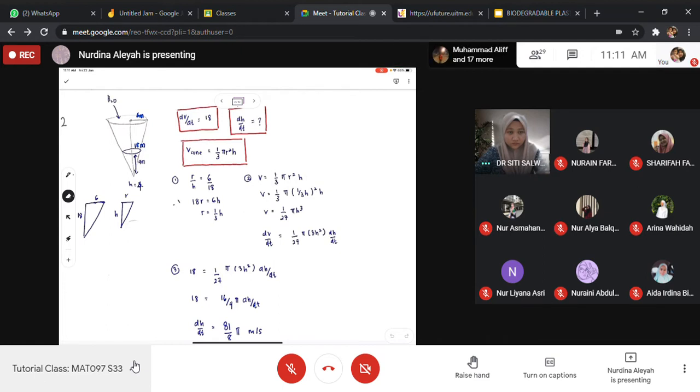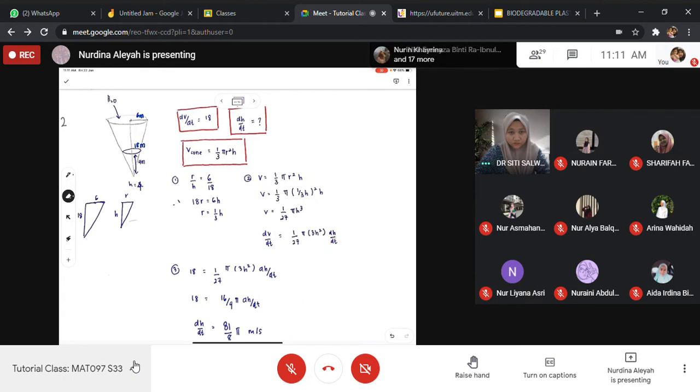And then second step, masukkan formula volume untuk cone, 1 over 3 pi r square H, and then substitute yang R equal to 1 over 3H ni kat dalam volume of cone punya radius. Okay, and then H dekat belakang ni, kan ada H belakang ni kan. Okay, and then jadikan dia differentiate juga dH over dt macam saya buat dekat bawah ni.